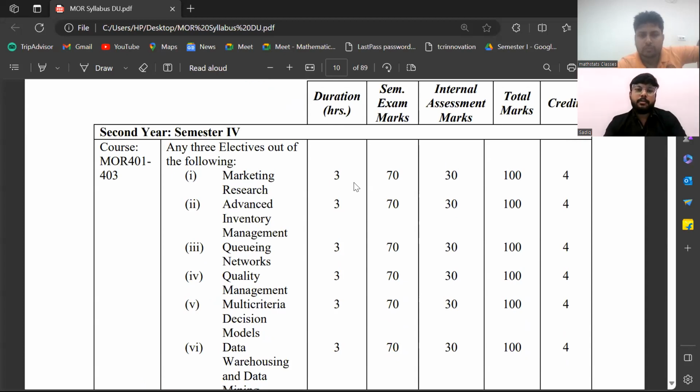So now we talk about the placement. What is the average package, what is the median, and what is the ROI, return on investment: how much money you are going to invest and how much return you will fetch.